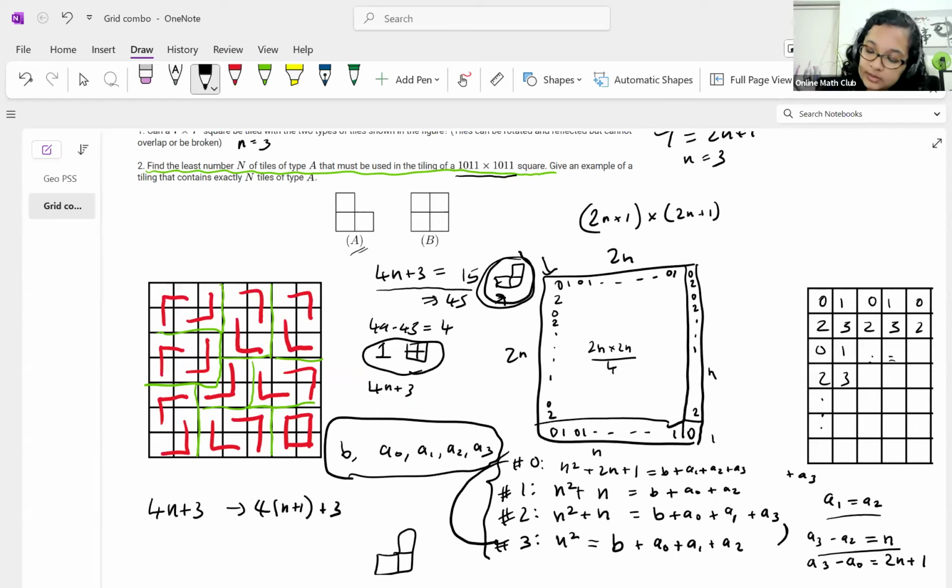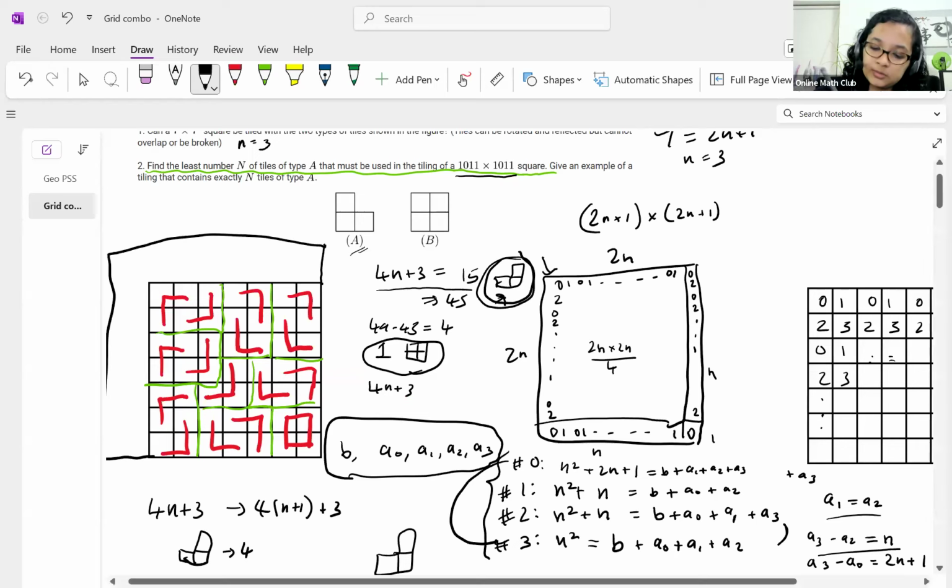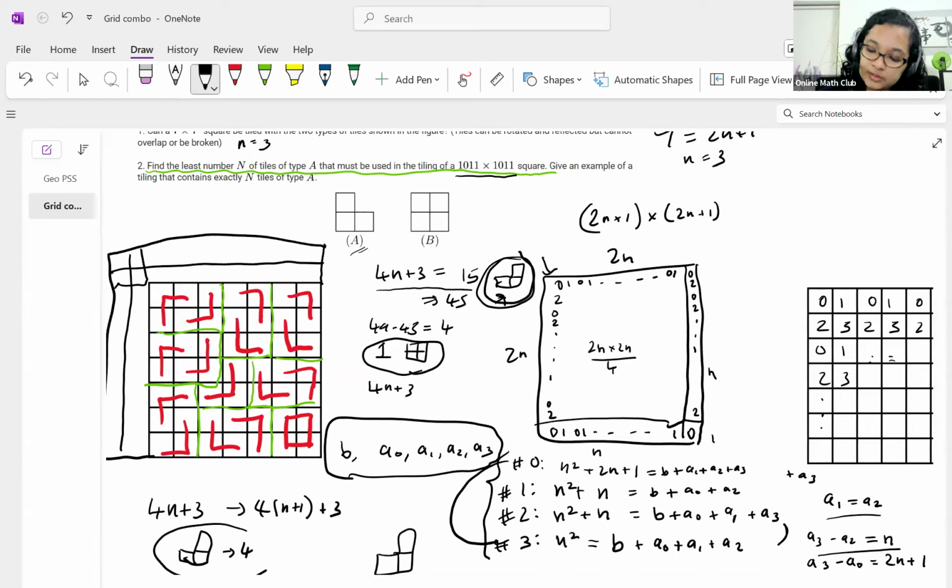So you're increasing this by 4. So you want to somehow extend this, increasing the number of rows and columns by 2, and use exactly 4 of these while extending it. Because if you can do that in general, then you have a general construction for n greater than or equal to 3.